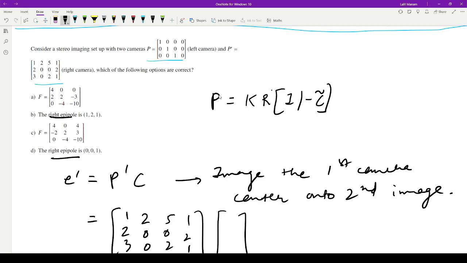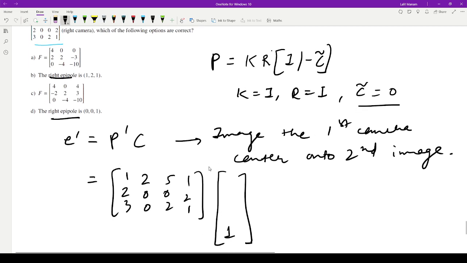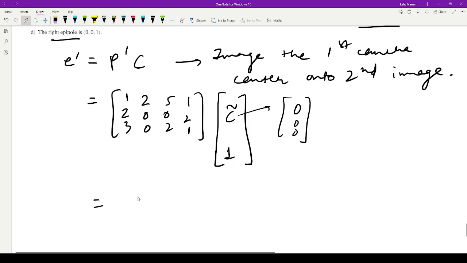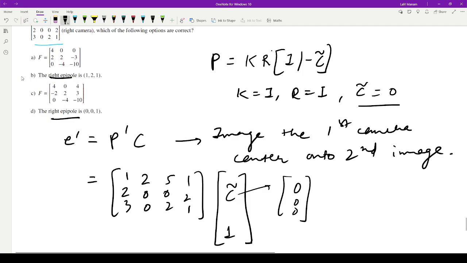So from this you can take it like this: A is I, R is I, C tilde is 0, 0, 0. So our epipole E prime is 1, 2, 1. Is this fine? So this is the right option.